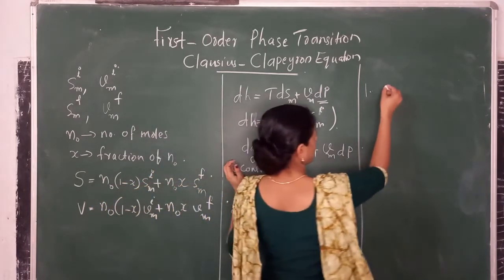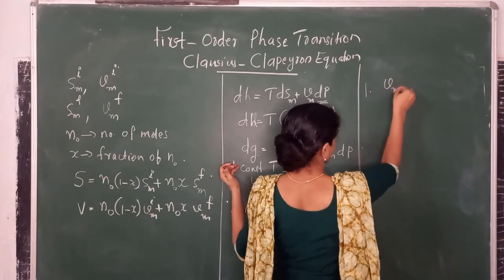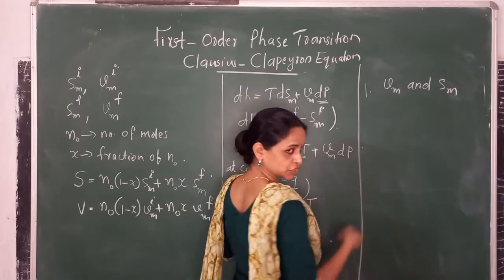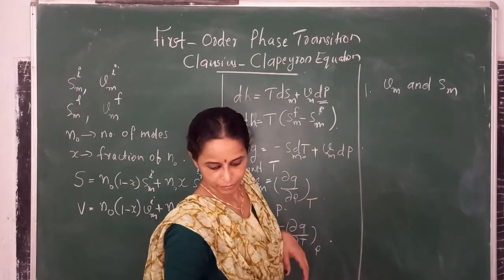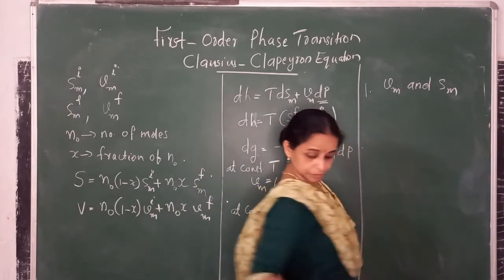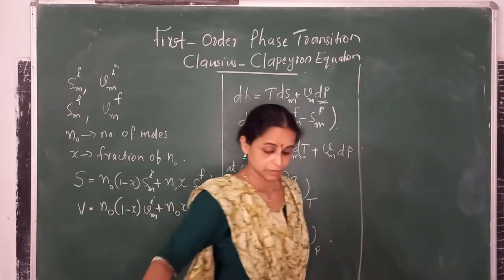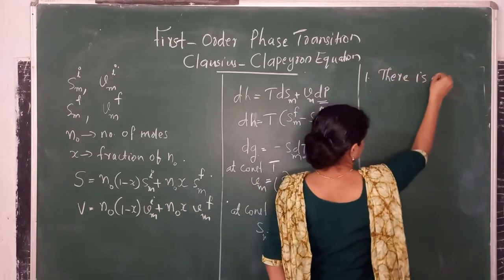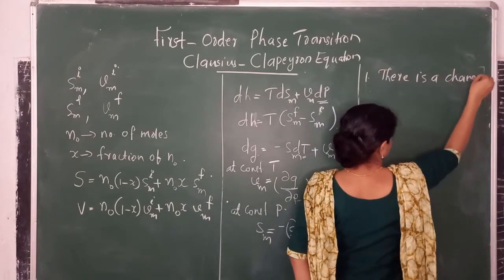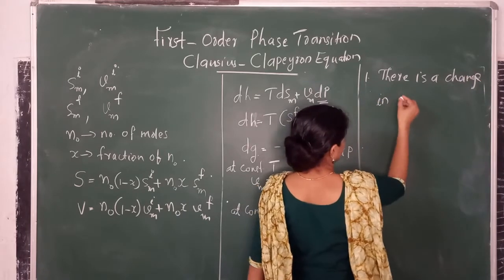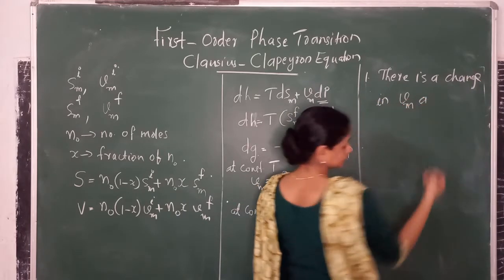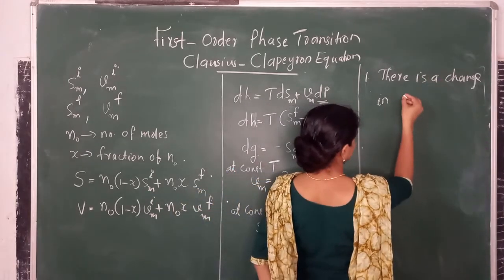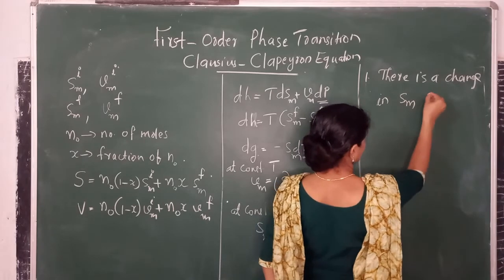That is, the molar volume, Vm, and molar entropy should change. The first criterion is that there is a change in Vm, the molar volume, and in Sm, the molar entropy.